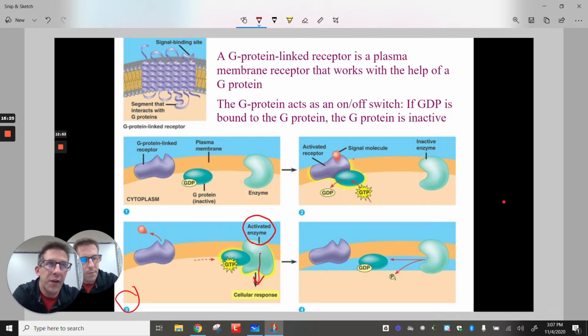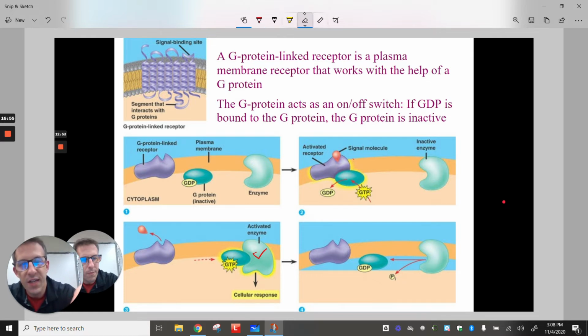Yes, that's a very, very generic way of telling you what happens next, but there's so many different cellular responses that the cell can have, we can't possibly go through all of them, and so they're just going to put that there for us to help understand what happens next, okay? Ultimately, there is a cellular response, and once this molecule here becomes activated, it will initiate the steps that will create or cause that cellular response, okay?